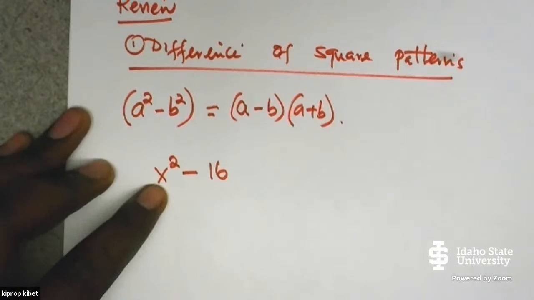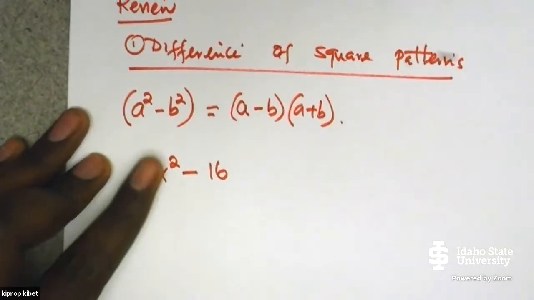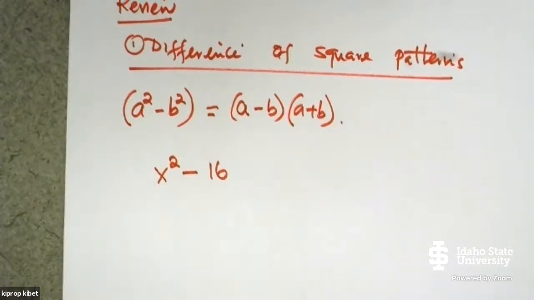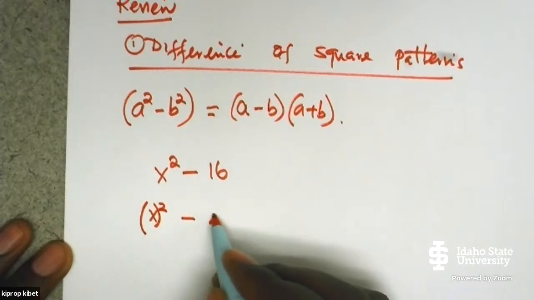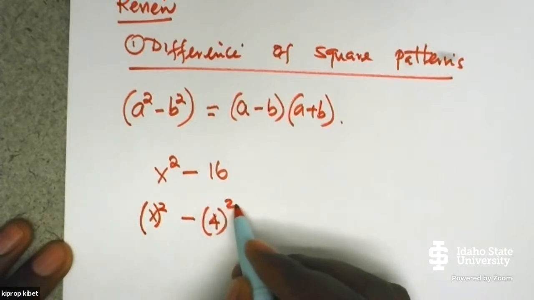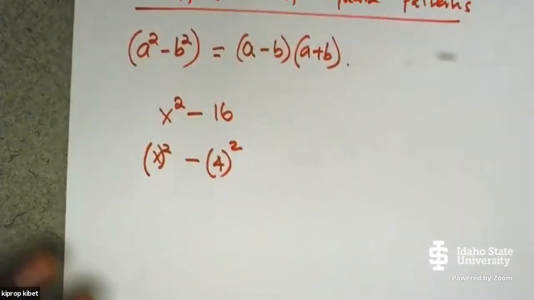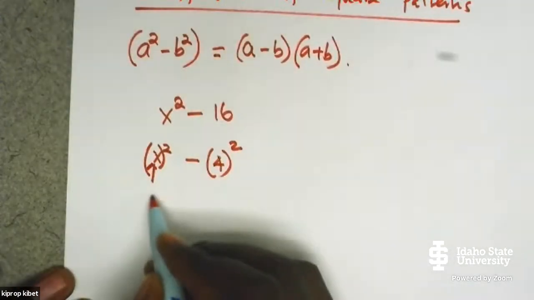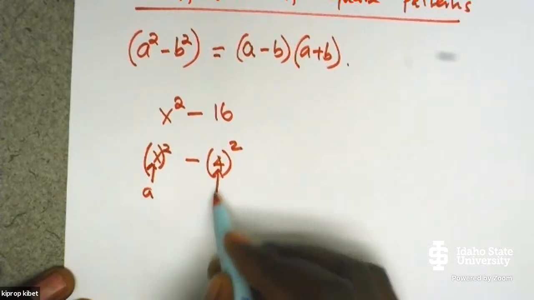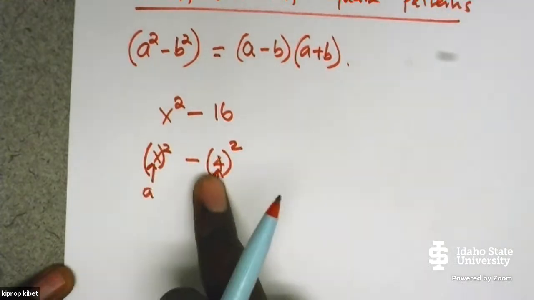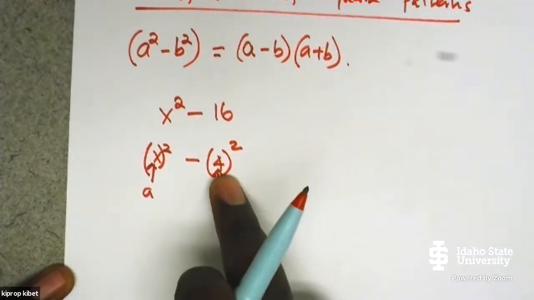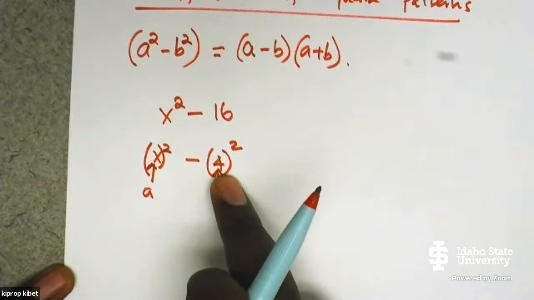The first value is x raised to 2, and the second one is 4 raised to 2. So x will be our a, and our b will be 4.